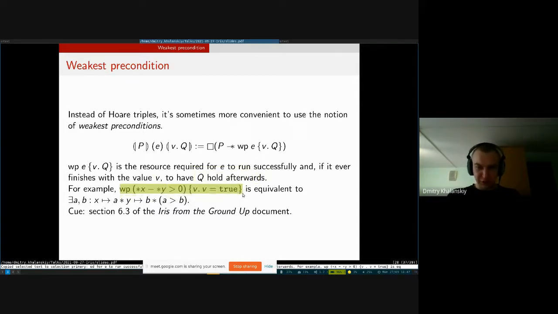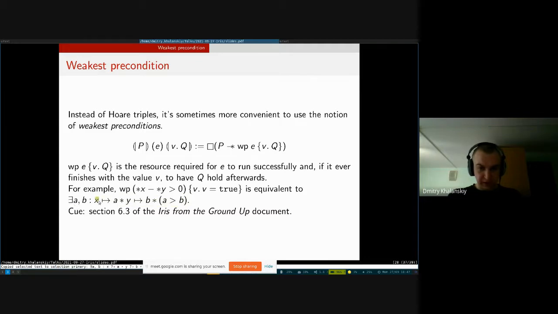Here's a sample program. We read from X, we read from Y, we subtract the results, we compare them to 0, and we want the result to be true. This resource is equivalent to this one. This will only be true if this holds.